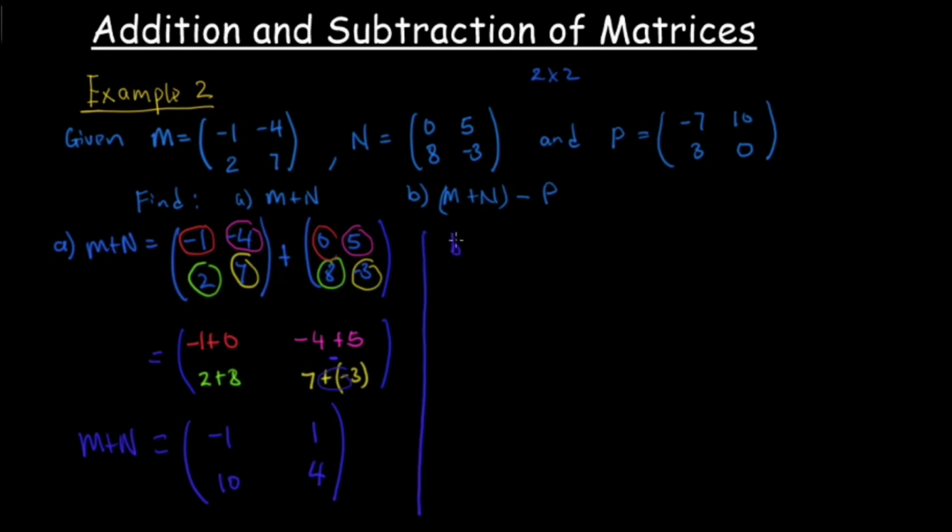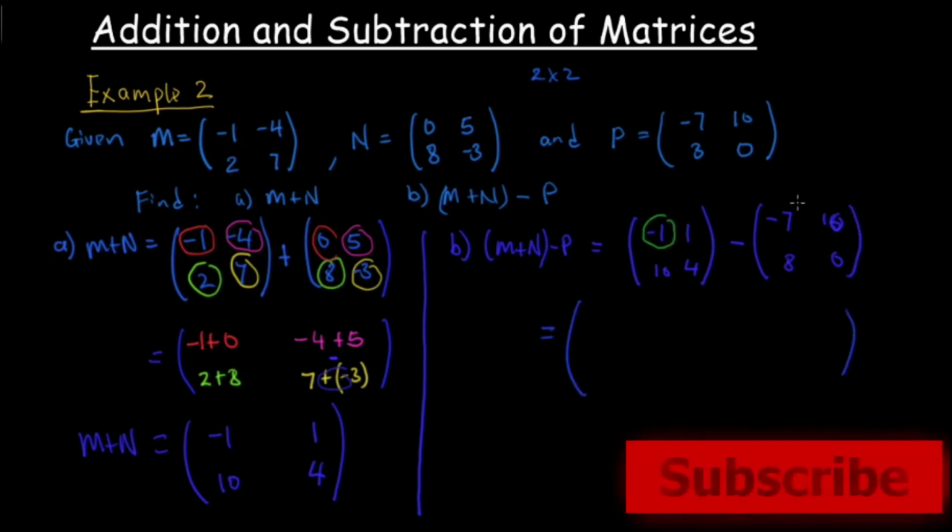Now we are going to (b), where we'll find M plus N minus P. We already found M plus N, therefore there's no reason for us to work that out again. So I'm just going to put the answer, which is -1, 1, 10, and 4, minus matrix P, which is negative 7, 10, 8, and 0.